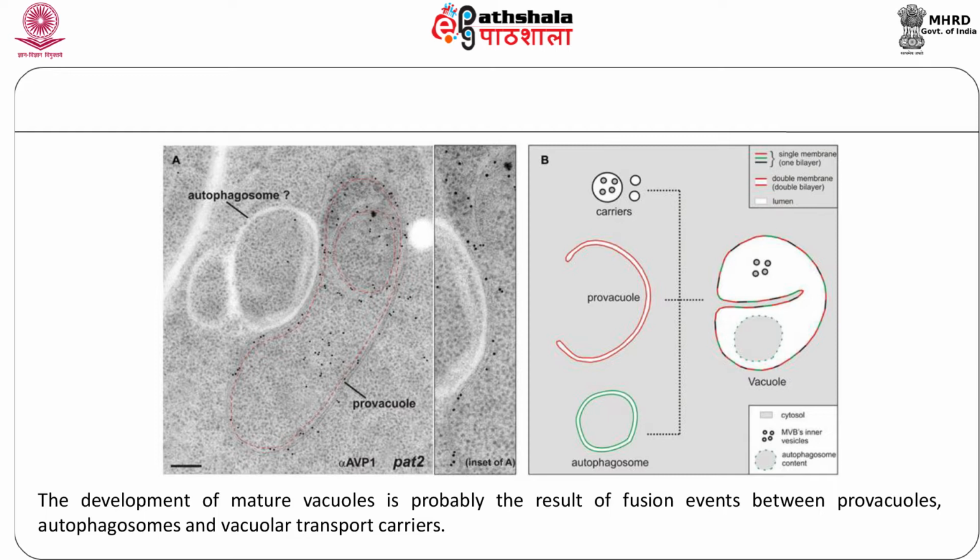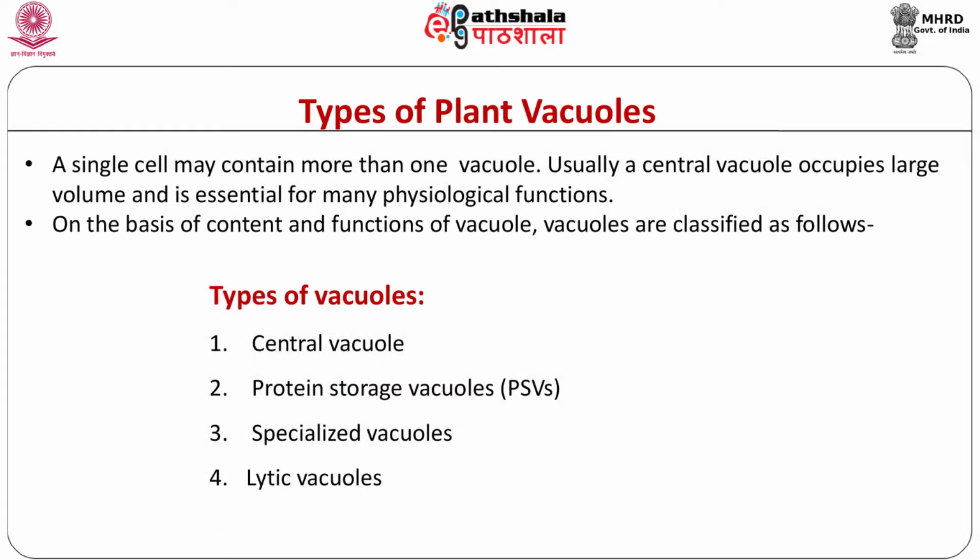And B shows the development of mature vacuoles is probably the result of fusion events between provacuoles, autophagosomes and vacuolar transport carriers. Types of plant vacuoles. A single cell may contain more than one vacuole.